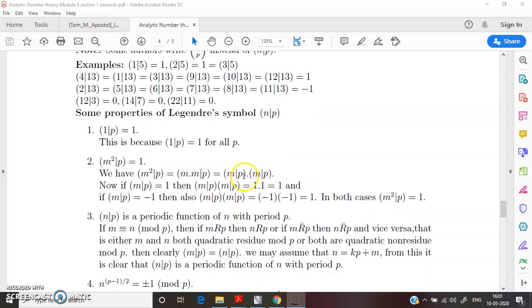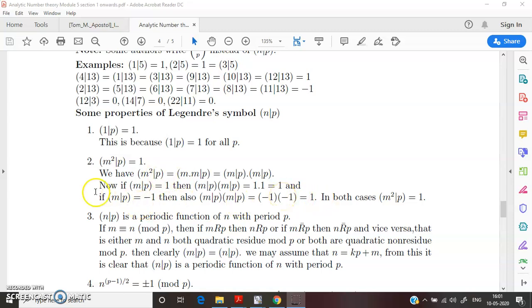If m over p is 1, that is, if m is a quadratic residue mod p, then this will be 1 times 1, so 1.